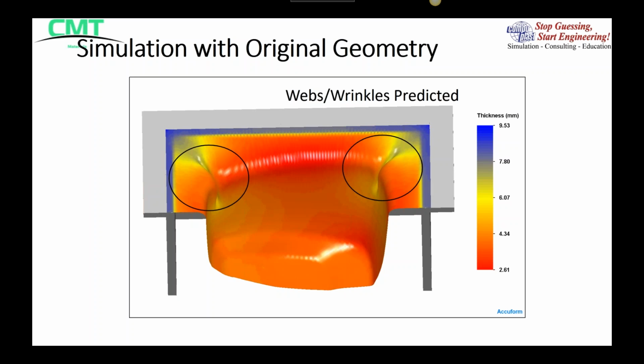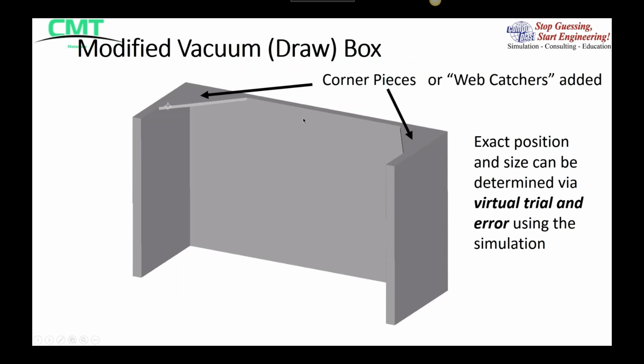And instead of trying those experimentally, we can use the simulation software. In this case, they wanted to use these corner pieces, which they refer to as web catchers. And of course, there's a question of how much of the material do you want to take out of play. Well, the exact position and size of these web catchers can be determined via virtual trial and error using the simulation.